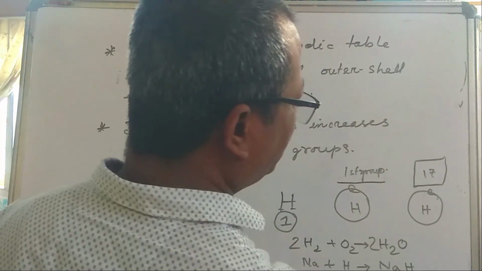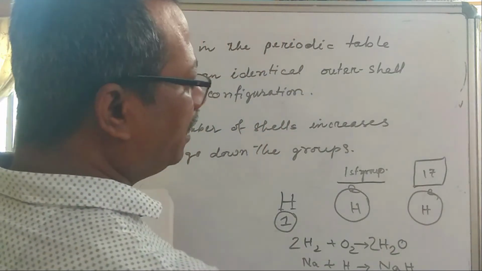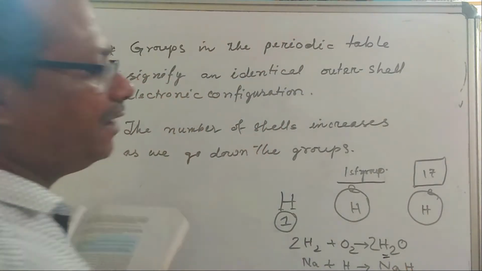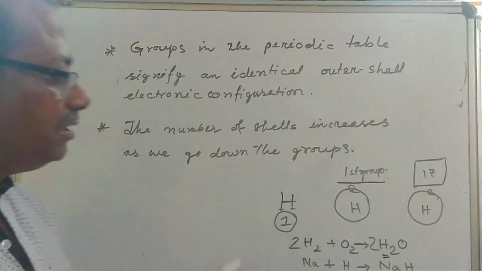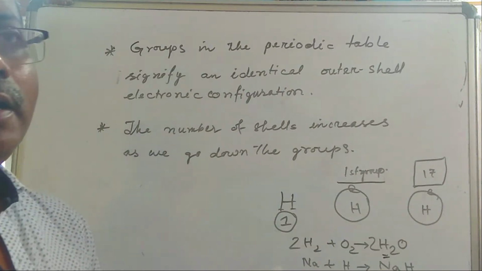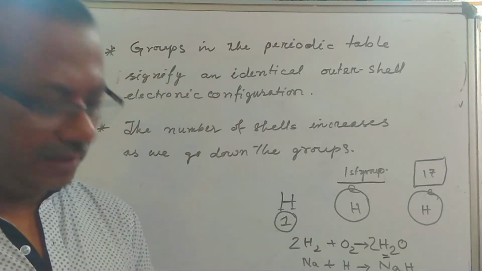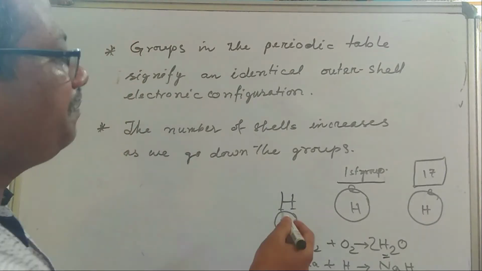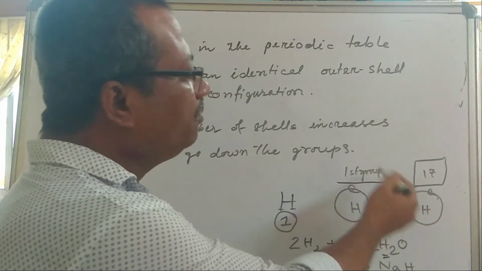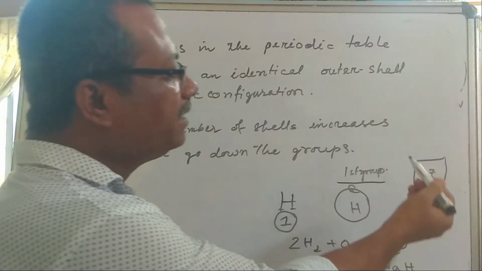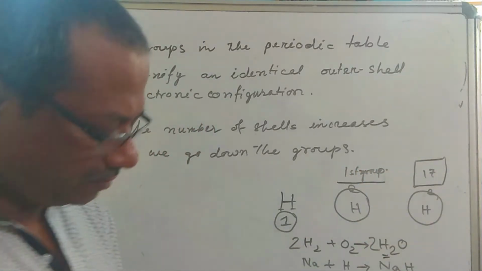Here hydrogen forms a negative ion and here a positive ion. So hydrogen shows both metallic and non-metallic characteristics. So it can be placed either in group 1, first period, or group 17, first period. Now move to the next activity.